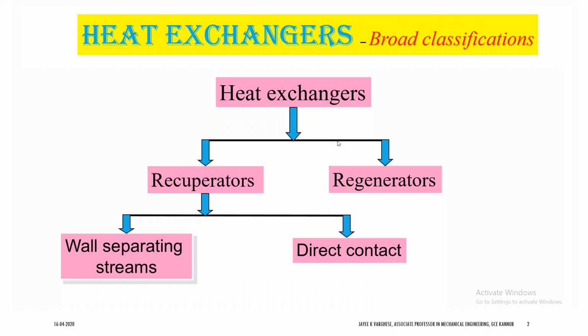We saw the different classification of heat exchangers as recuperators and regenerators. Regenerators are very rarely used. In recuperators, both the fluids flow simultaneously, either separated by a wall, or mixed together.